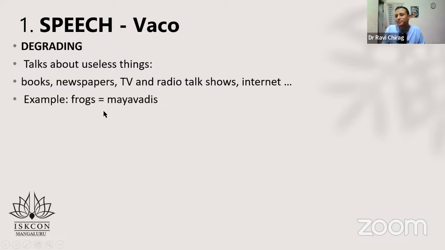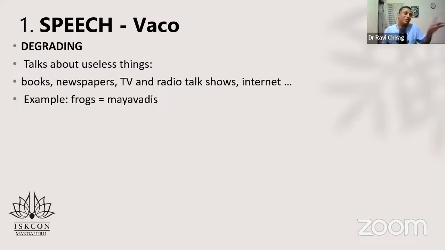Prabhupada gives the example of a frog. The frog will croak. That is useless speaking, but it is not useless for the snake. The frog is making a useless sound, but it is detrimental for the frog. Why? Because it is inviting the snakes.